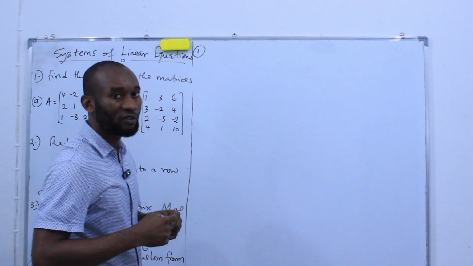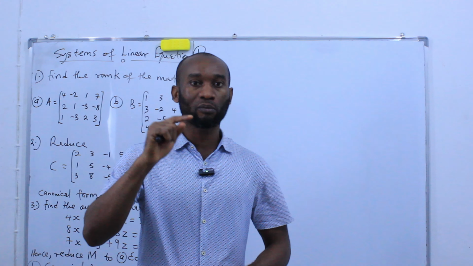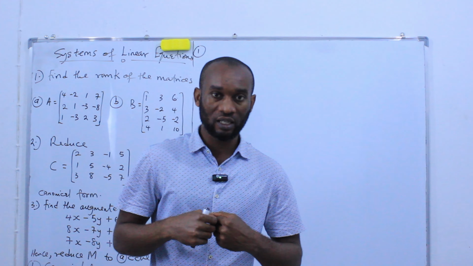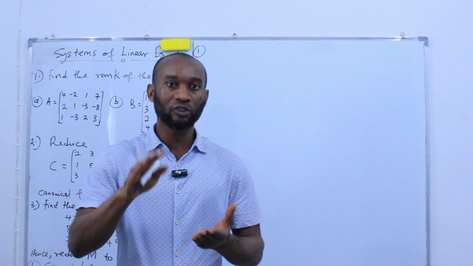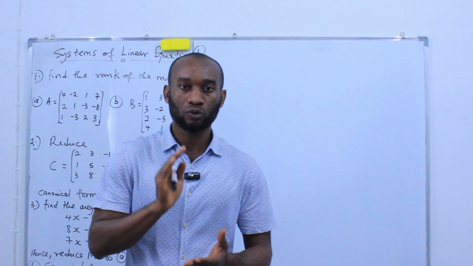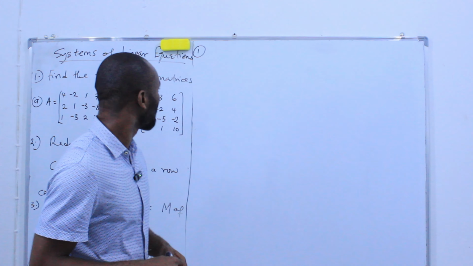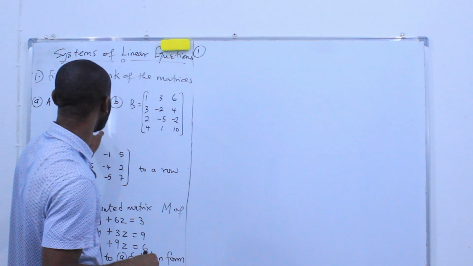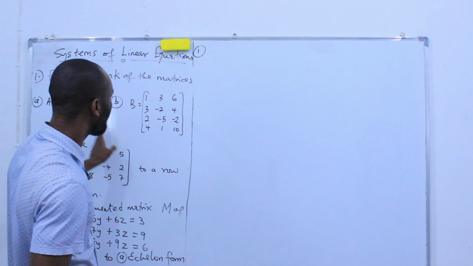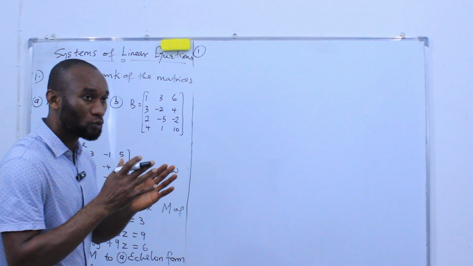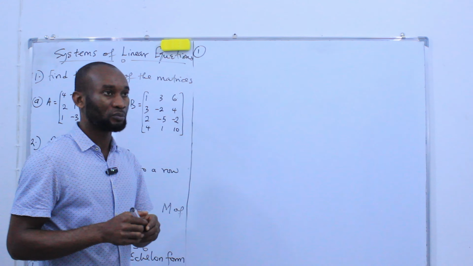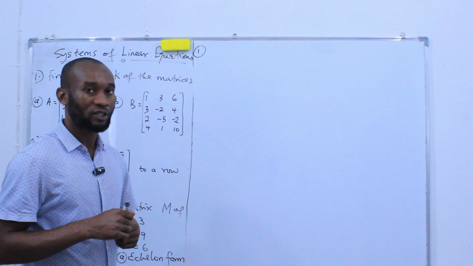By the way, the rank of a matrix is the number of non-zero rows that remain when you reduce a matrix to echelon form. So we are going to reduce matrix A and matrix B to row echelon form, that is, reducing it to an upper triangular matrix.